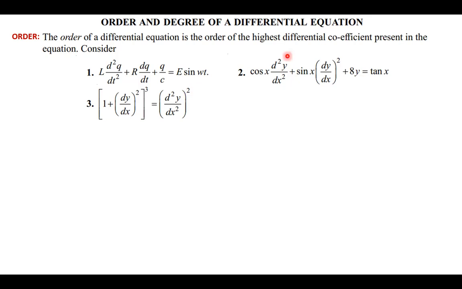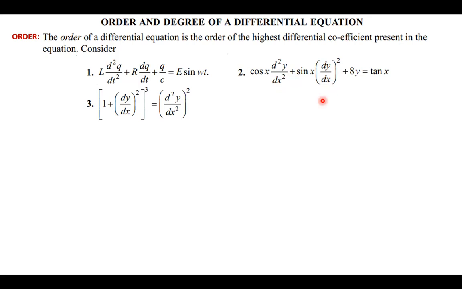And then here the order is 2 because we have this d²y/dx² there, and the degree here is 1 because the power of this d²y/dx² is 1. Despite us having this power, which is 2, on dy/dx, we've not taken it as our degree, because dy/dx is not the one having the highest order in this case.